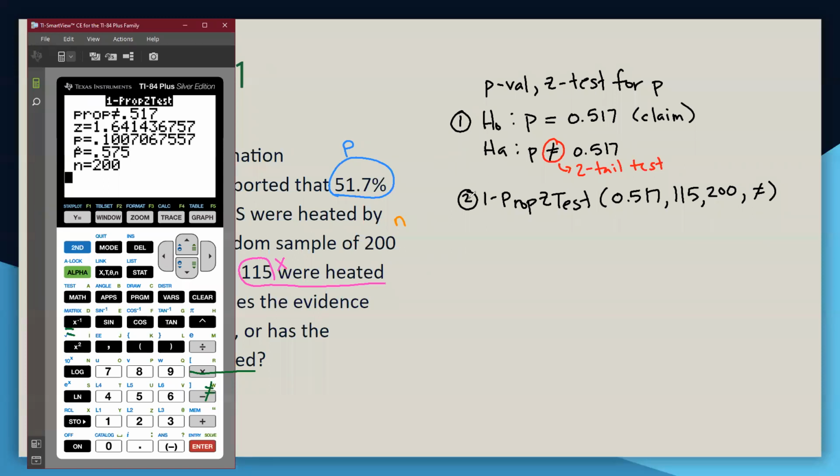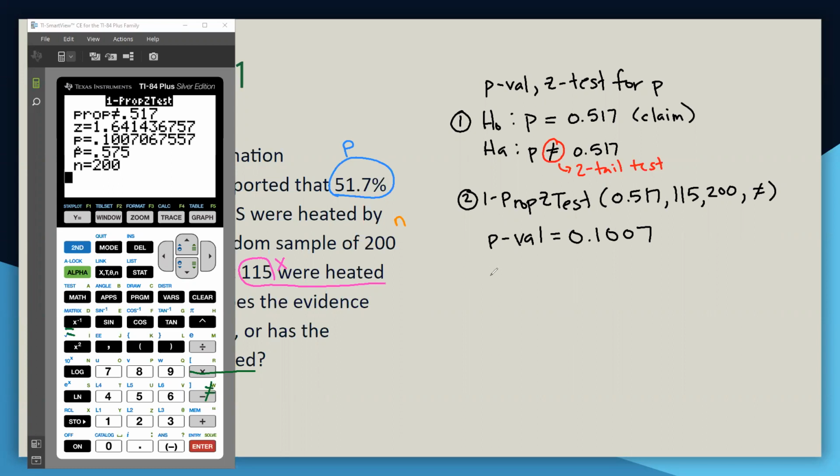And I'm going to copy down our p-value. I know on a TI, the p-value is that second number after it gives the alternative hypothesis and the z-score. So our p-value is 0.1007. And that's pretty big.